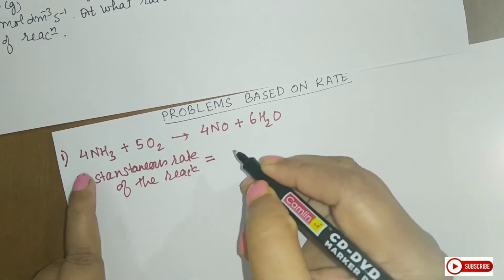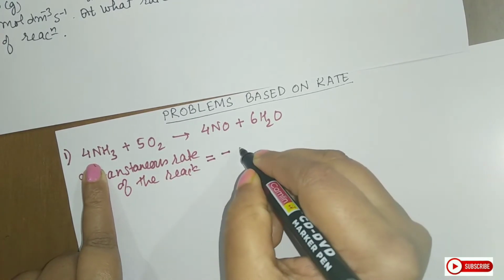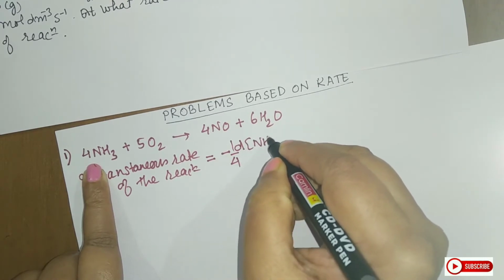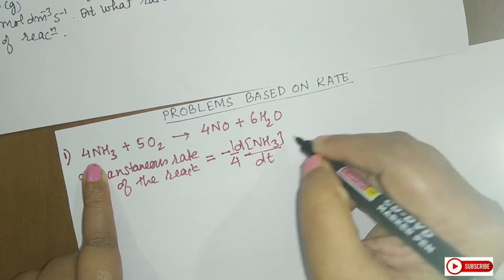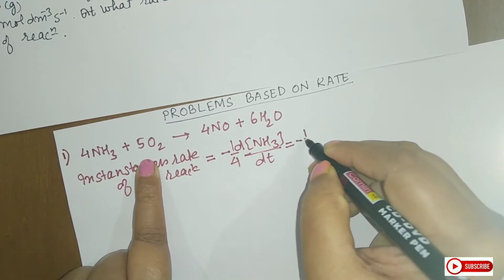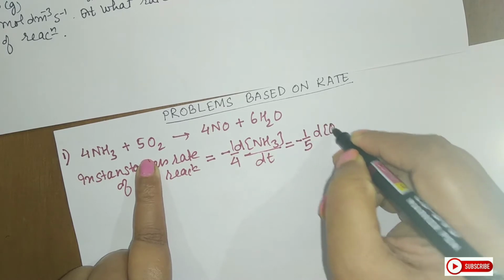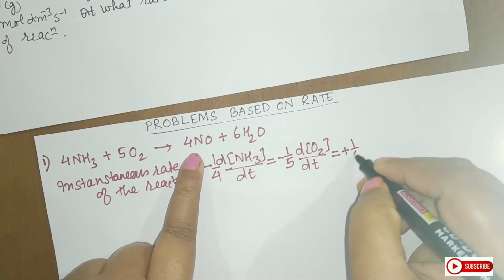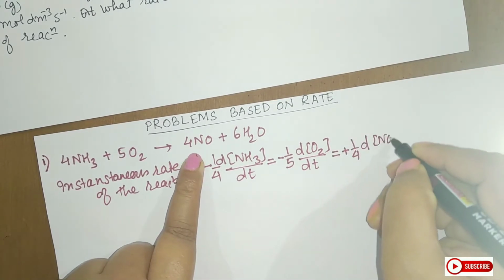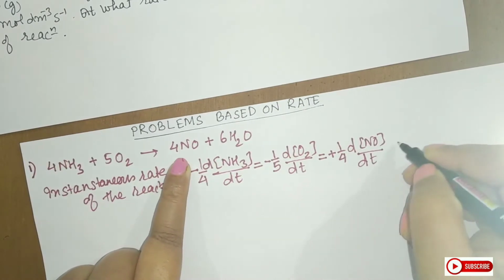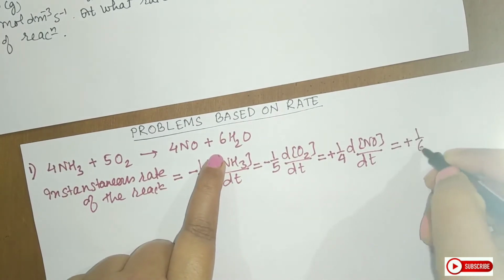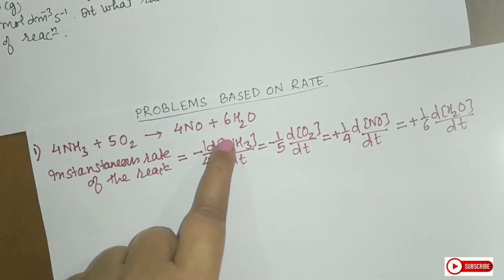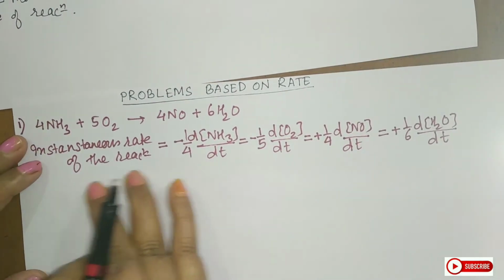So that is equal to, this is the reactant, so it will be minus, 1 upon 4 d[NH3] by dt is equal to minus 1 upon 5 d[O2] by dt is equal to plus 1 upon 4 d[NO] by dt is equal to plus 1 upon 6 d[H2O] by dt. Now students, it is always better if you write for the complete reaction.